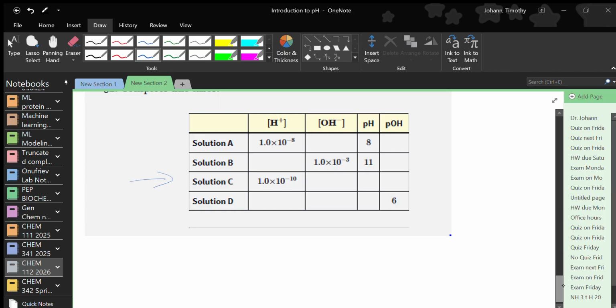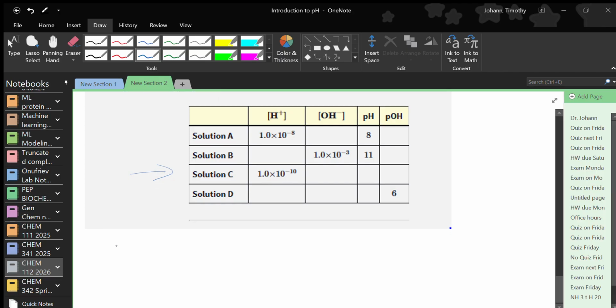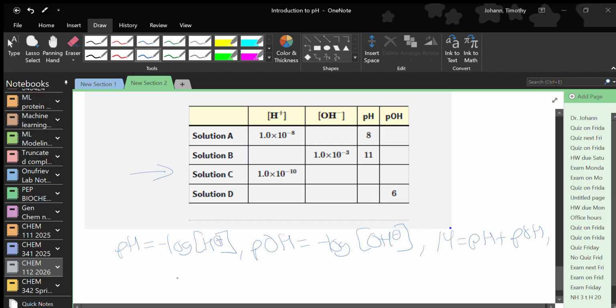And I will scoot up here and I will remind you of your equations on the bottom. pH is equal to negative log of H plus concentration. pOH is equal to the negative log of OH minus concentration. 14 is equal to pH plus pOH. And 1.0 times 10 to the negative 14th is equal to H plus times OH minus.